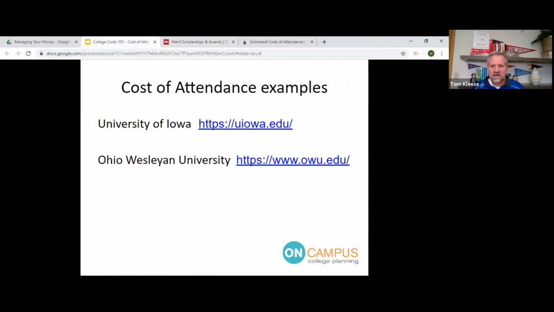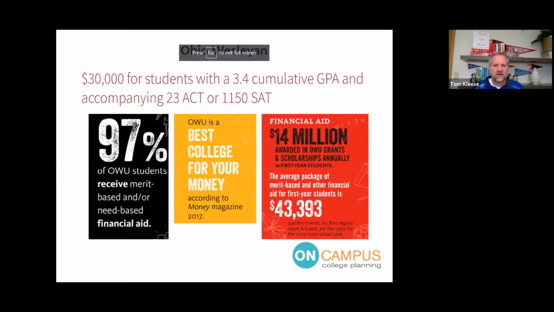And next slide, I've got just some stuff I pulled off of, I'm on their mailing list and they sent me something, some facts about 97% of their students are receiving some kind of aid. If you want to search Money Magazine or Forbes or US News and World Report, there are a lot of places out there. Huffington, I think, everyone has their sort of best value colleges, and you have to dig into that a little bit more.